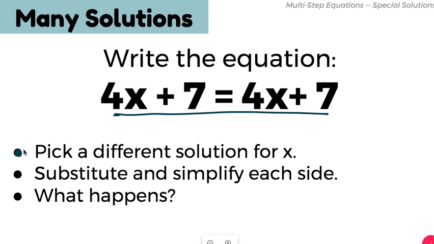It can be anything. Remember, you're going to have to substitute and simplify, so don't get crazy. But pick a number that's not 10. Substitute it into your equation and see what happens. So hit pause, pick a value for x, substitute, and see what happens.